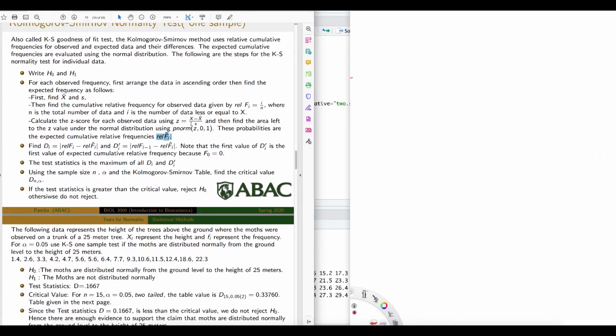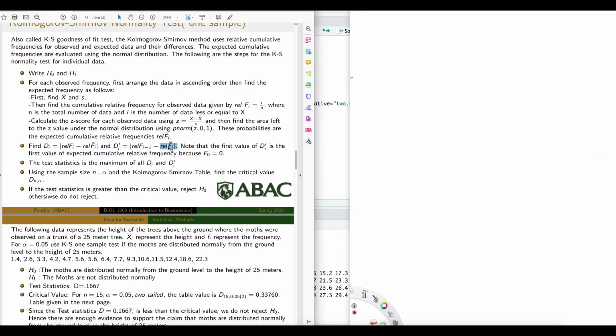All right, and then after you do that, you find D sub i, which is the absolute value of the difference of the observed and expected cumulative relative frequencies, and D sub i prime, where you take the difference of the expected relative frequency of the next line minus the expected relative frequency of the previous line, and take the absolute value of that.